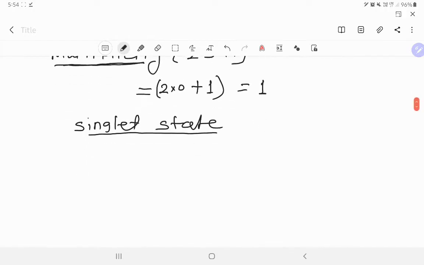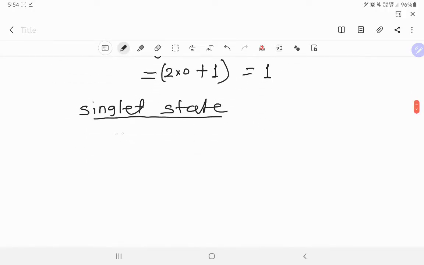Okay. If the electrons are parallel, it is not happening in the ground state, but suppose the electrons are in a parallel condition, then what happens? Total spin S is equal to S1 plus S2, that will be plus 1/2 plus 1/2, equal to 1.